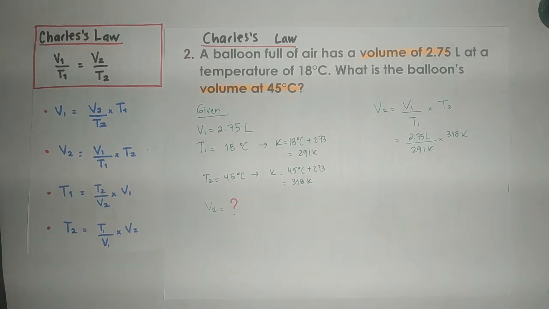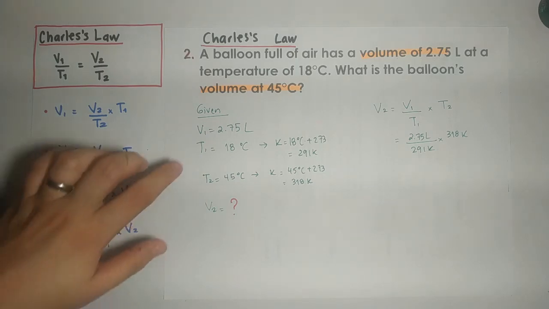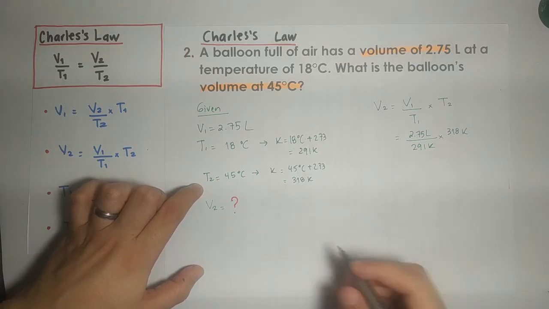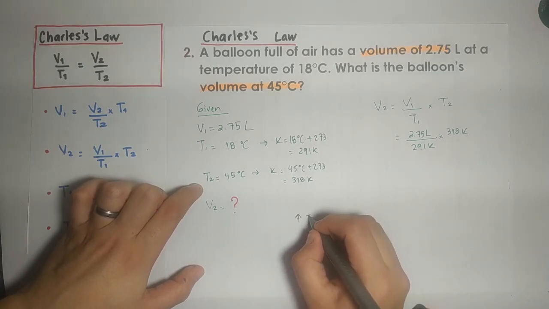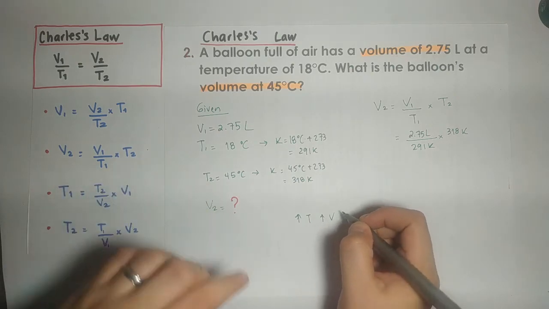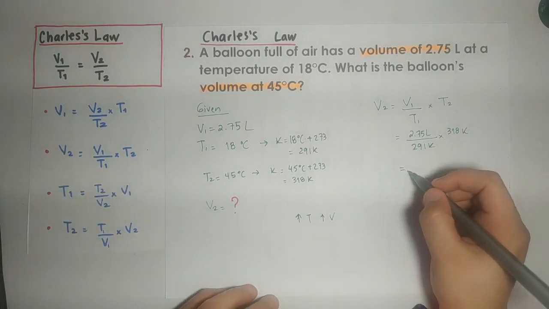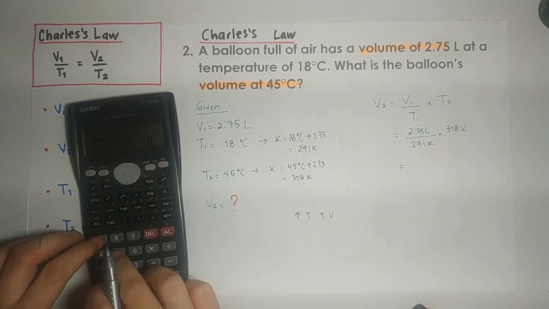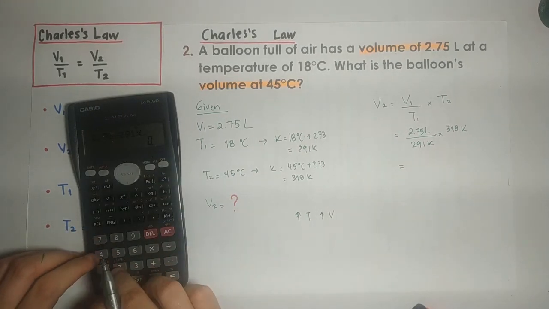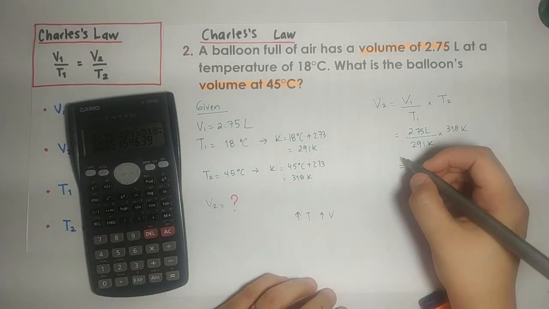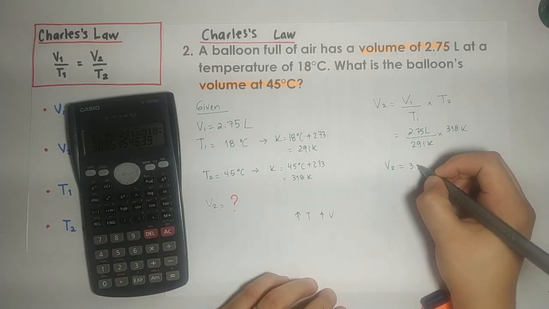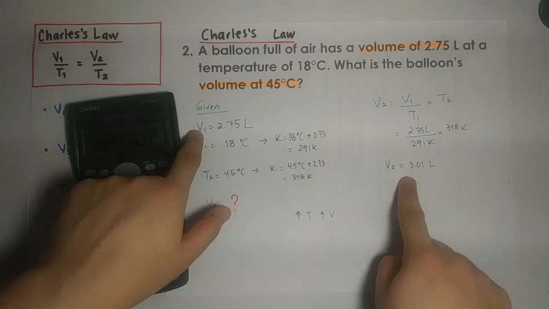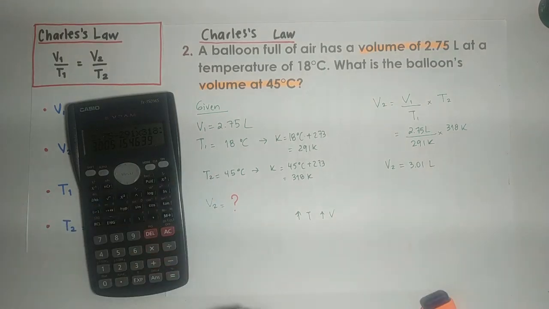The analysis before the answer is, I had an increase in temperature, so I should have an increase in volume. Let's see if that happens. 2.75 divided by 291 times 318. Volume 2 is 3.01 liters. So yes, the volume increased because the temperature increased, so we did it right.